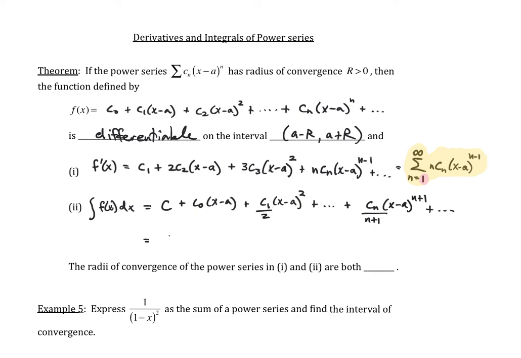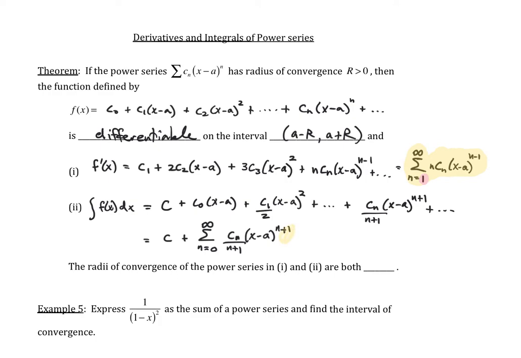I want to make sure I put that constant c there, and then I'm going to get a power series that starts at 0 going to infinity, and it's basically going to be c_n times (x minus a) to the n plus 1 divided by n plus 1. So this is the result of our antiderivative.